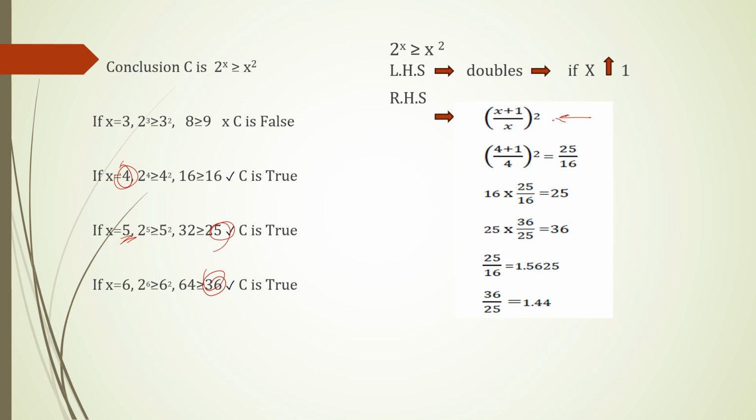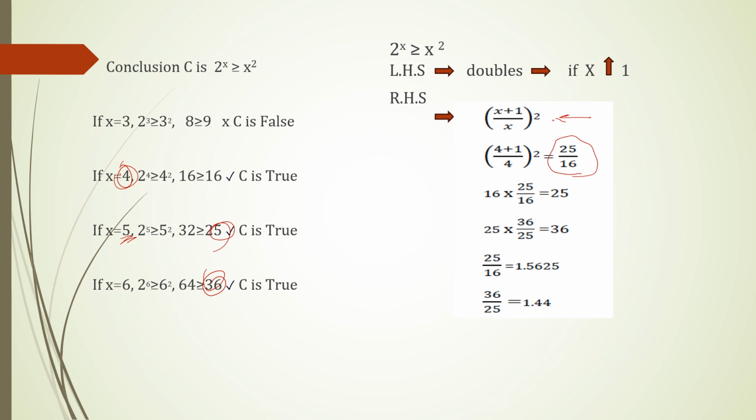Now you can say that x is equal to 4 is the initial value, as our hypothesis is x is greater than or equal to 4. So the starting value is x is equal to 4. For x is equal to 4, this is the value that we get, and as we move to the next steps, you can see that the value keeps decreasing.